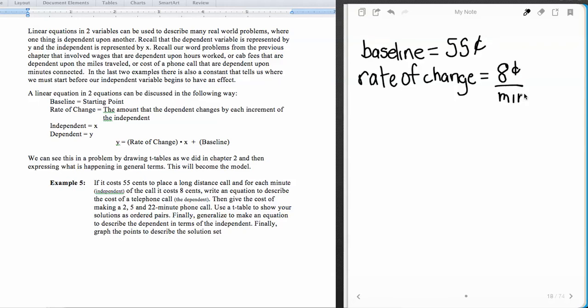So we write that 8 cents per minute. And then the independent values, those are going to be the number of minutes that I talk. So depending upon how many minutes I talk, that's going to be the cost of my phone call. And so then my Y is going to be the cost of the call.